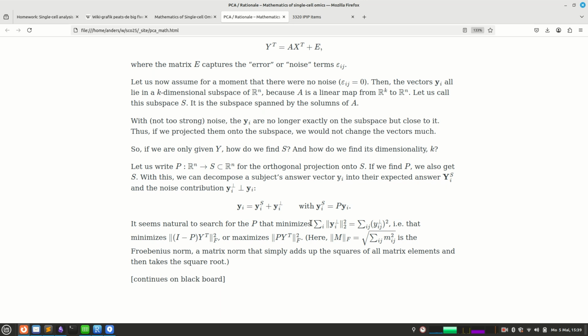So this sum should be minimized, or equivalently the sum of the projected things should be maximized.